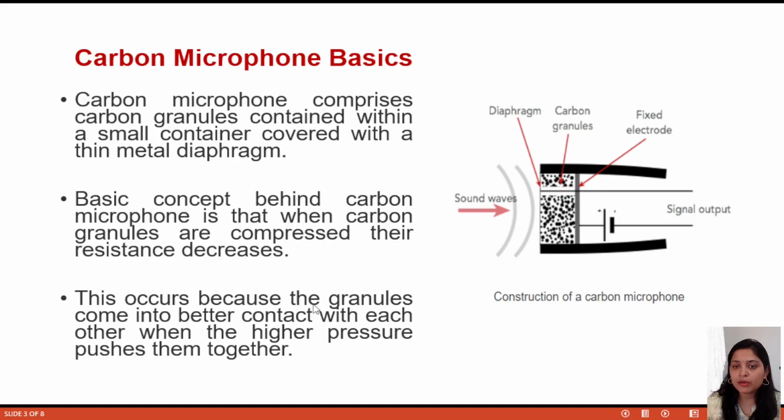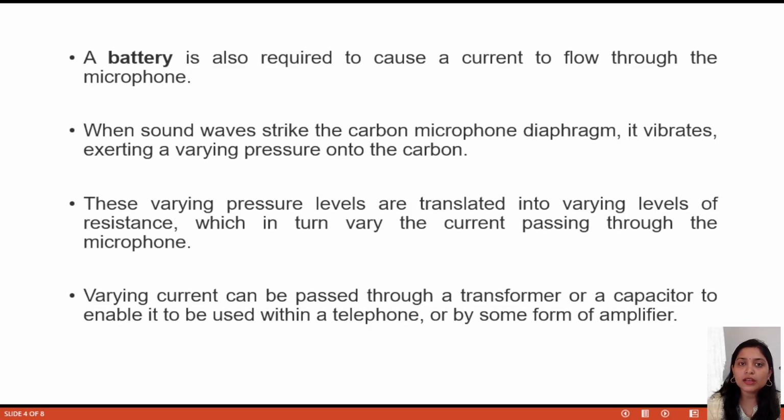This occurs because the carbon granules come into better contact with each other when higher pressure pushes them together. That higher pressure comes from the sound waves, which hit the diaphragm and give pressure on the carbon granules. Here the battery is very important. A battery is also required to cause a current to flow through the microphone.